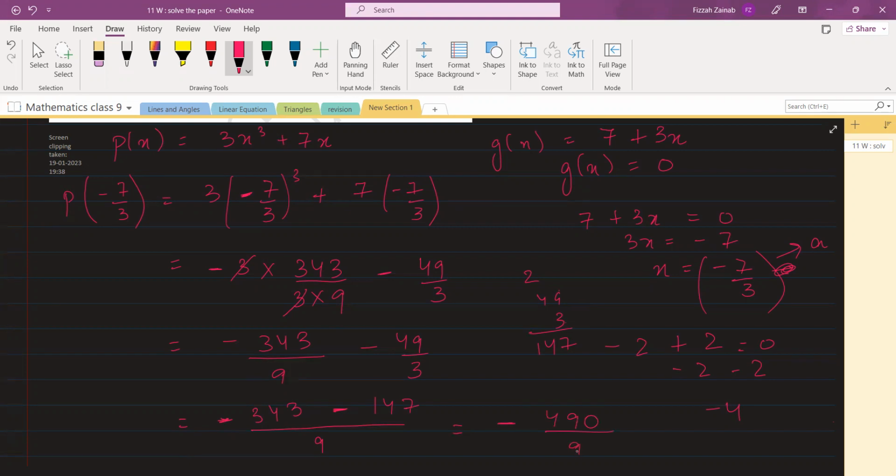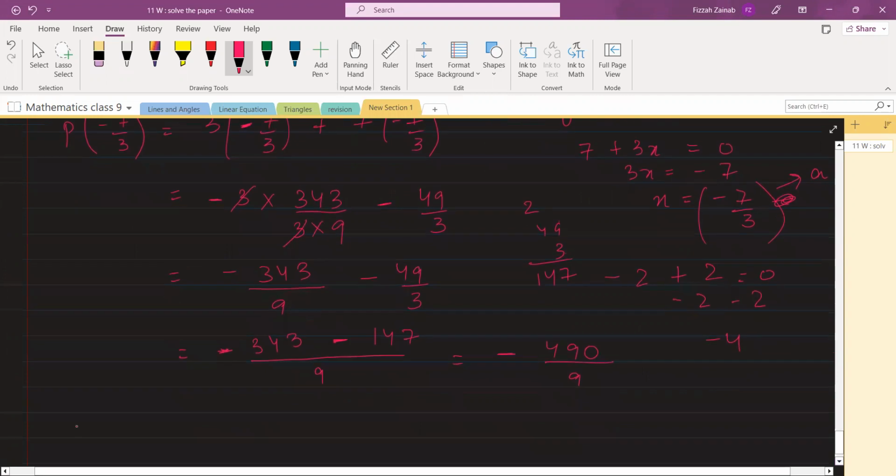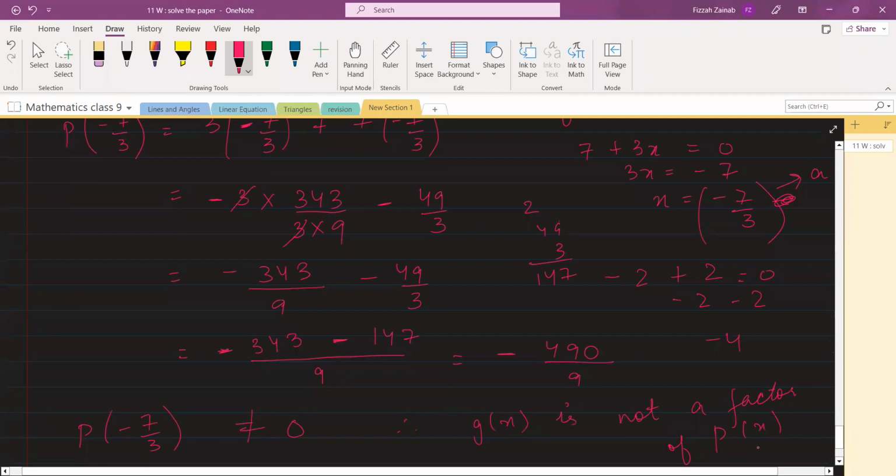So obviously it's not 0, right? So that means it's not a factor. So you will say that P at minus 7 by 3 is not equal to 0, and therefore your g(x) is not a factor of p(x). Is that clear?